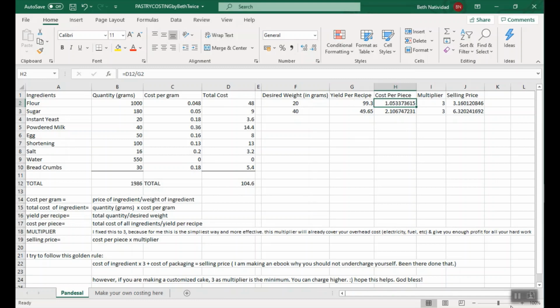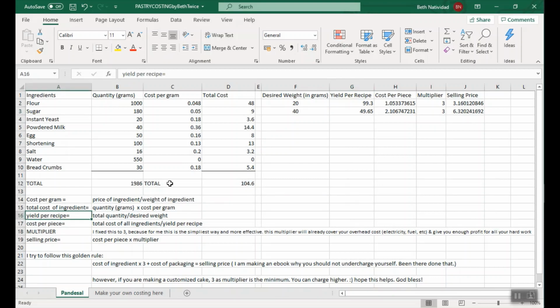So, ito yung result. Ang cost mo per pandesal, sa 20 grams, 1.05 something. At kung gagawin mo namang 40 grams per pandesal, so to determine the yield, ano uli?